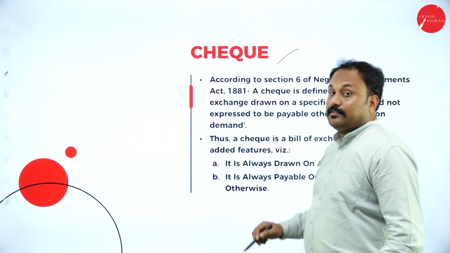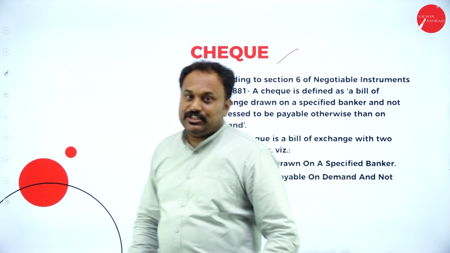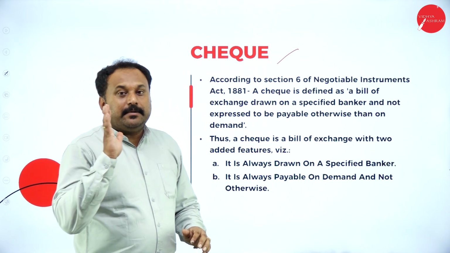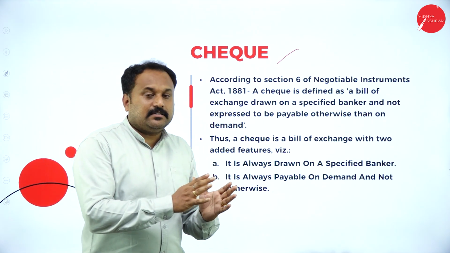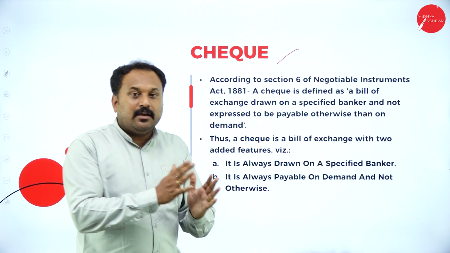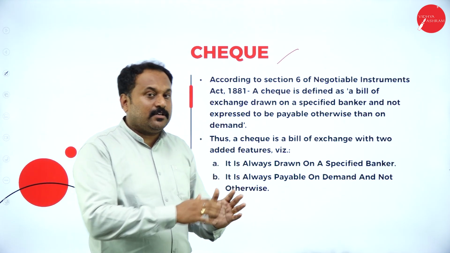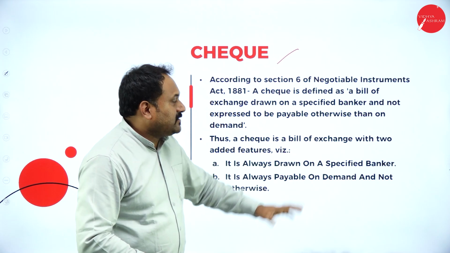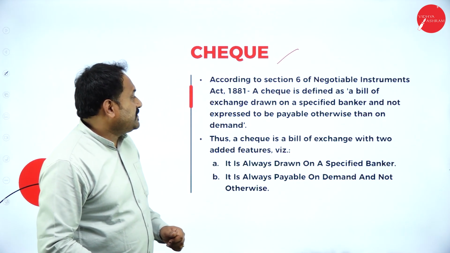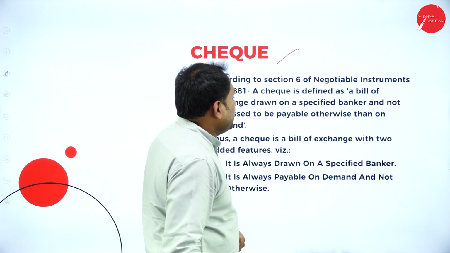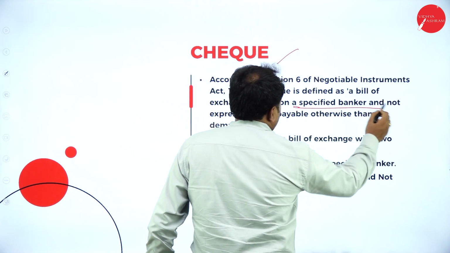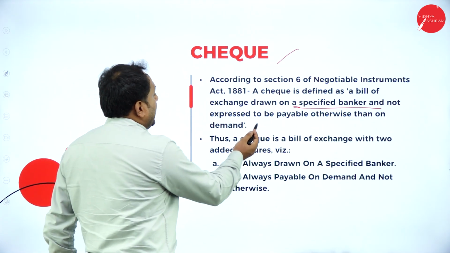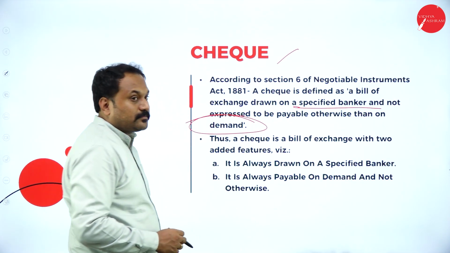Next is check. The third negotiable instrument is checks. So here, section 6. See, bills of exchange, section 5. Checks, section 6. Promissory note, section 13 of NIA 1881. A check is defined as a bill of exchange drawn on a specified banker and not expressed to be payable otherwise than on demand.